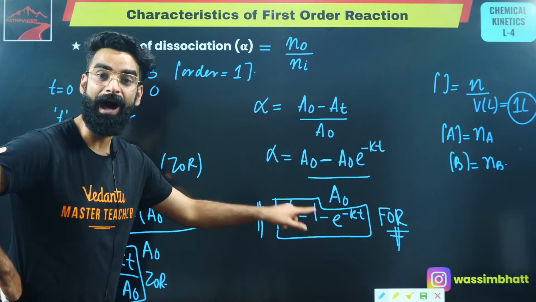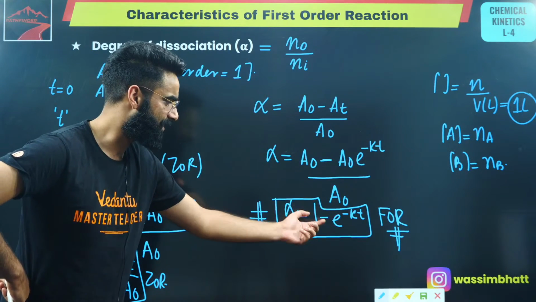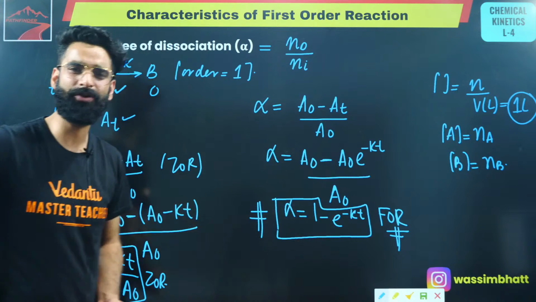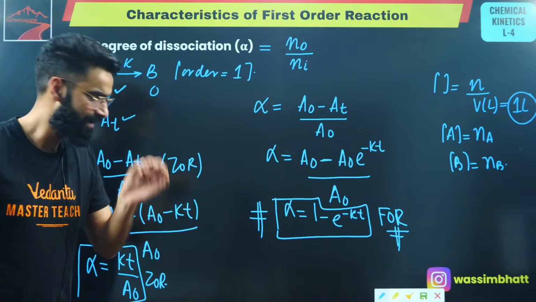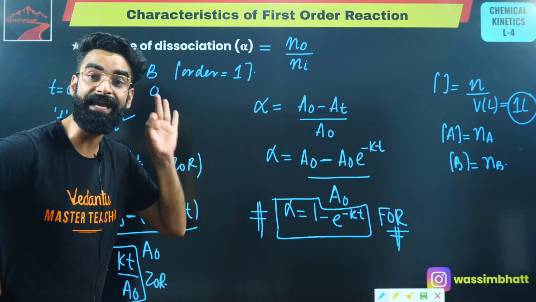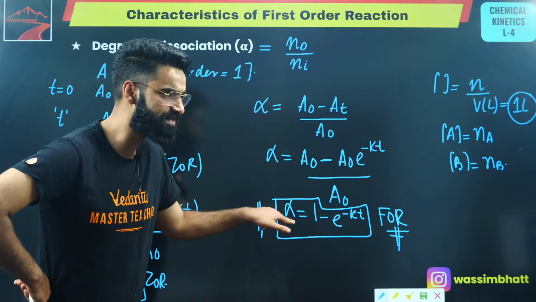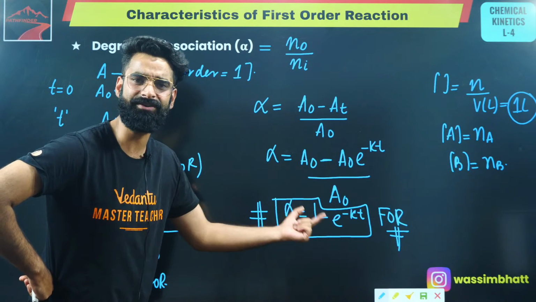In this expression, are you seeing any concentration term involved? Is there anything in the expression as concentration of reactant or concentration of product? No way. Can I say the degree of dissociation of the first order reaction is independent of the initial concentration of reactants? Because in this expression, you're not seeing any concentration term involved.